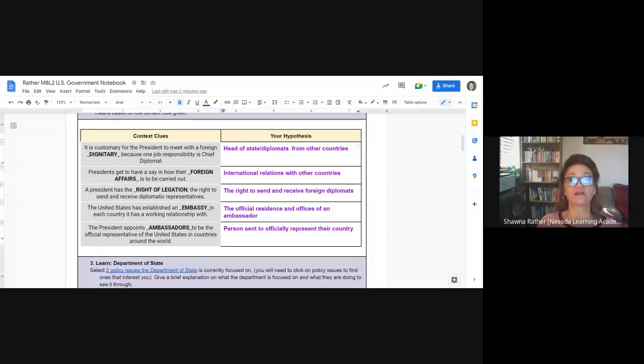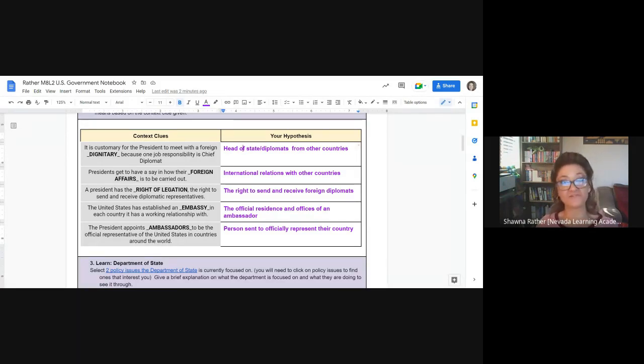So a dignitary, a head of state or a diplomat from other countries. A foreign affairs, international relations with other countries. The right of legation, the right to send and receive foreign diplomats. An embassy, the official residence and offices of an ambassador. An ambassador, person sent to officially represent their country.